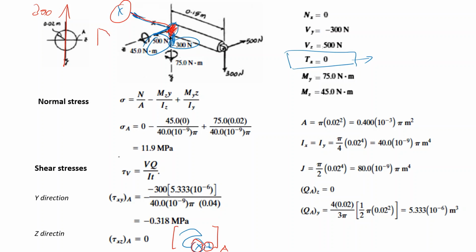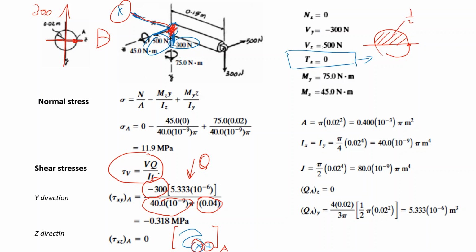This time the shear stress distribution will be like this. So in point A, it will be maximum, and we have to use this formula to do this calculation. We know the shear force, we know the moment of inertia, we know the thickness in this point, and we need to calculate the Q value. How do you calculate Q? If this is your point, you draw and shade this area. This area is 1 over 2 pi r square, and you find the centroid of this area, and the distance of the centroid from the neutral axis is y prime.